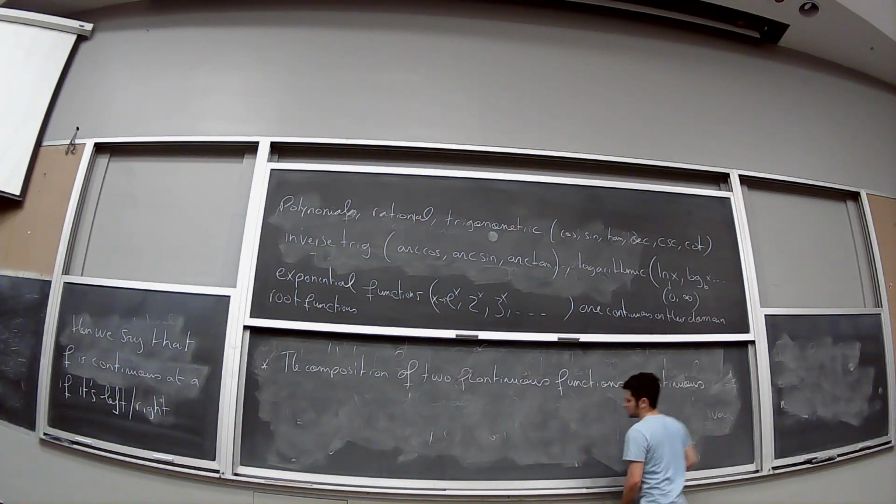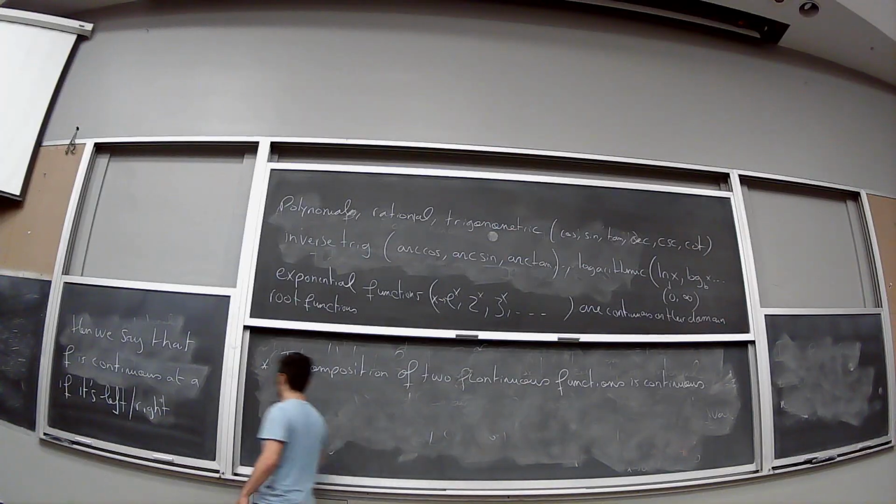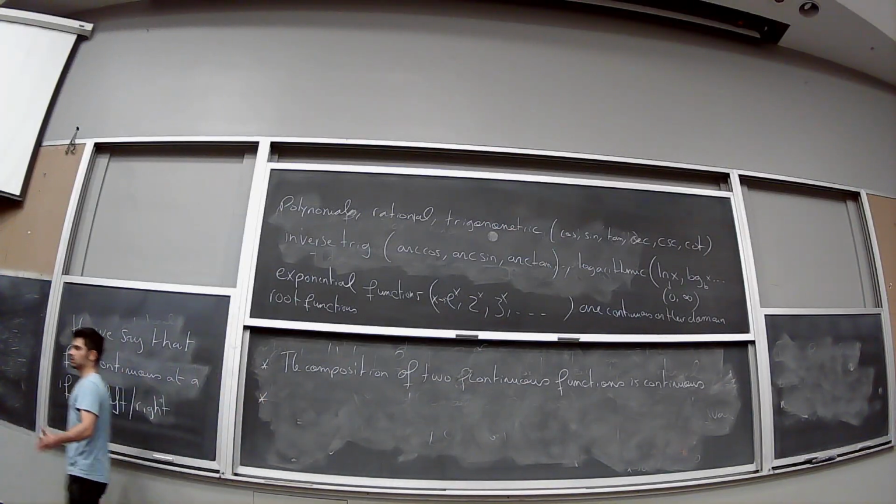Of course, composition has to make sense, right? You need the image of the first function to be contained in the domain of the other. So if you have f composed with g, it's f of g of x. You need g of x to be in the domain of f, right? All of that I assume that you know.